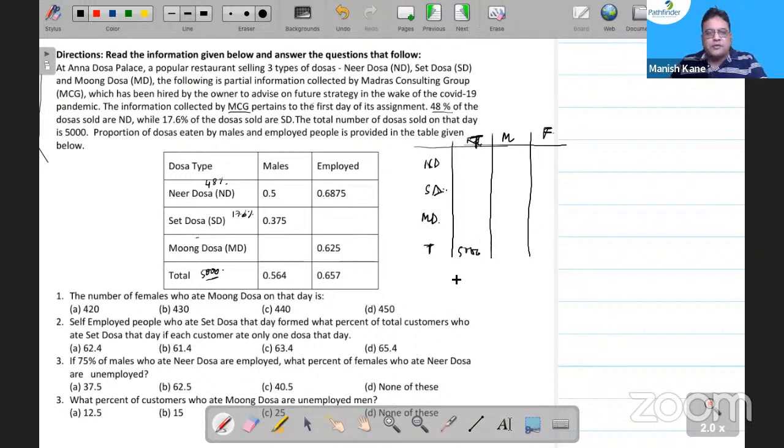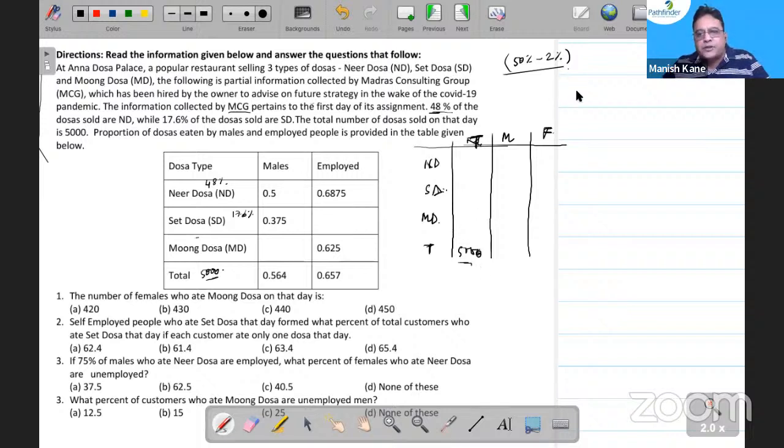Now, what is the total number of customers here? The total number of customers is 5,000, out of which 48%. Now, you should be able to calculate 48% orally. How do you calculate this orally? 50% minus 2%, correct? So what is 50% of 5,000? 2,500.